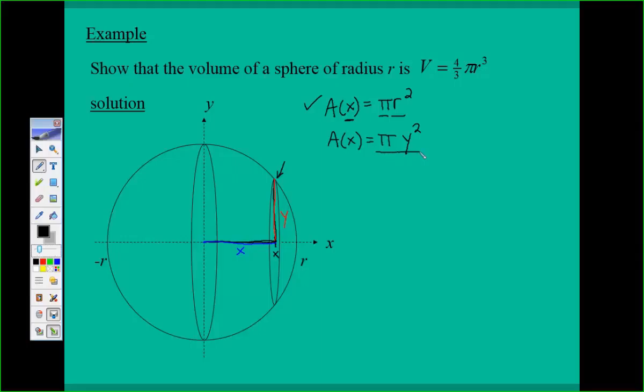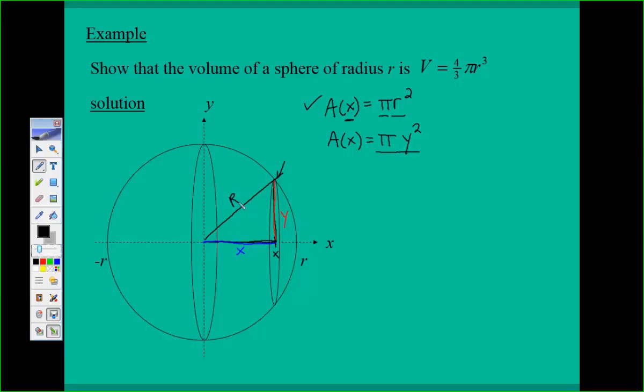So we need to look for a relationship in terms of x and y. And you probably see a relationship here. If we complete this triangle, this would be the radius of the sphere. So I'm going to label that as capital R, so we don't confuse that with the radius of our circle at that cross section.